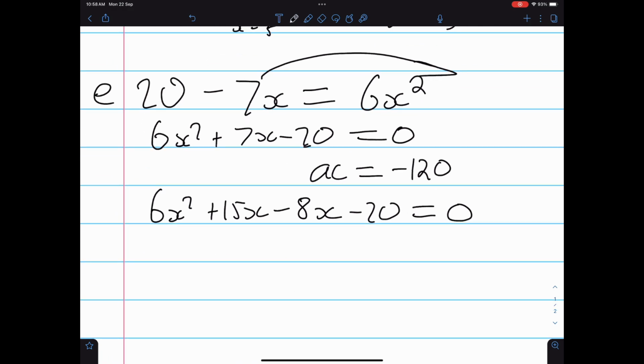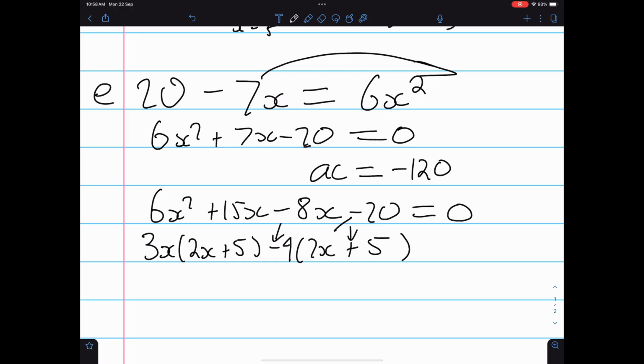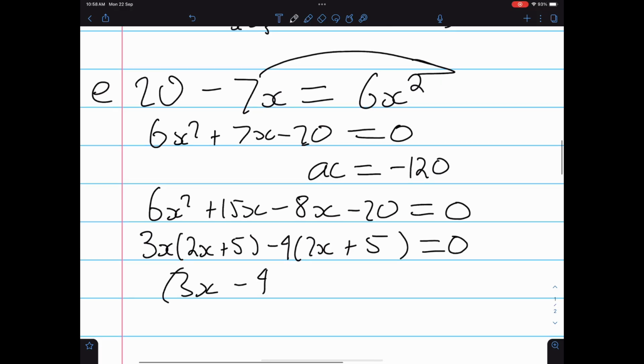And then we do the same thing of removing a common factor in the two halves. Remember here, we've got a minus and a positive, which will get us to that negative. And this equals 0, and we do the same thing of extracting that common factor of 2x plus 5.